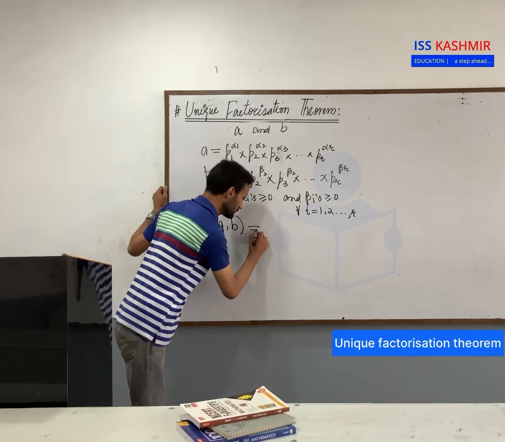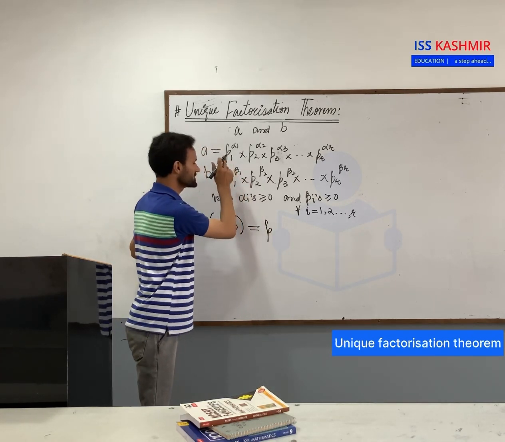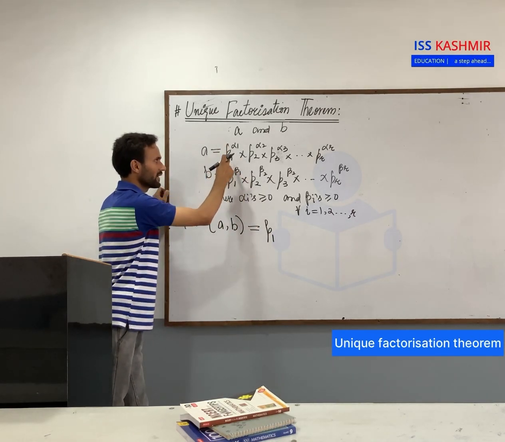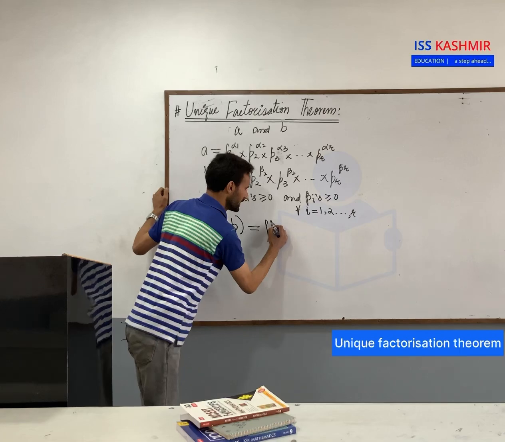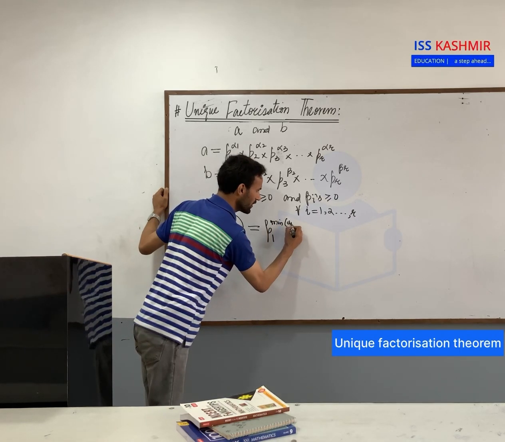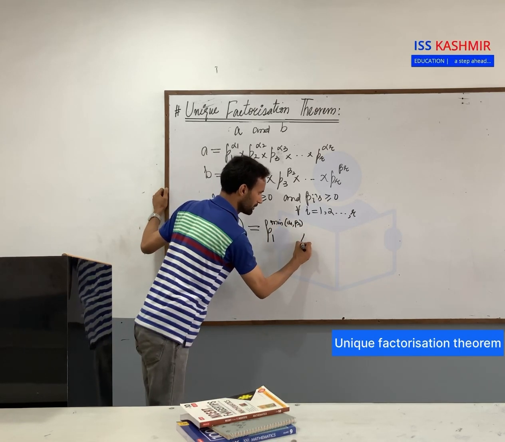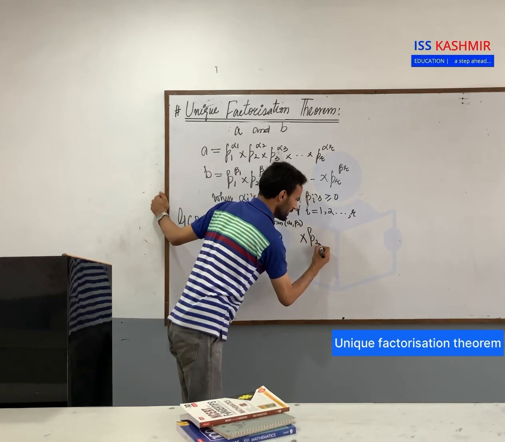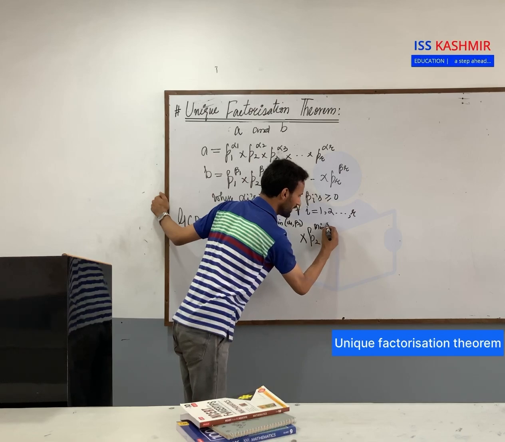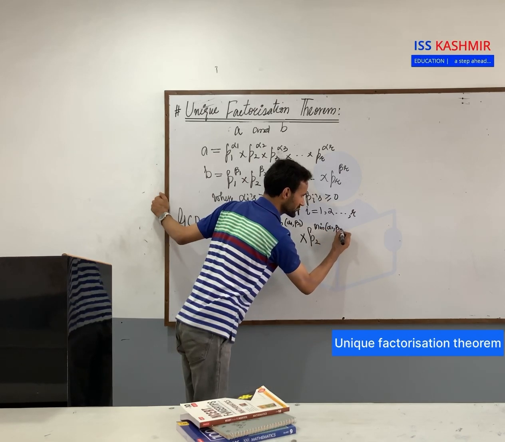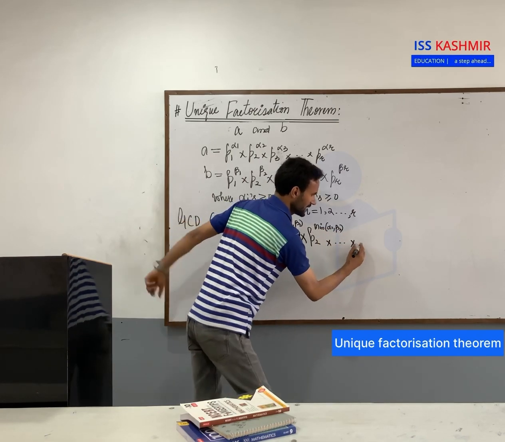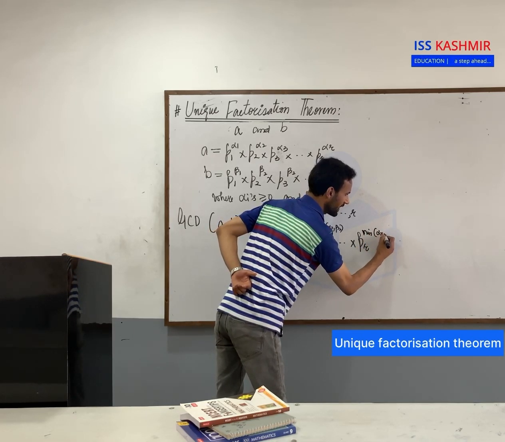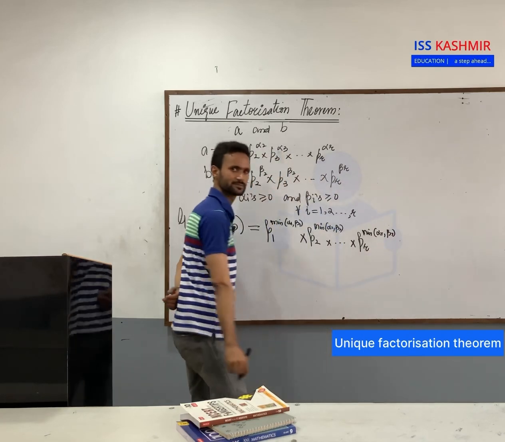It is equal to p1 raised to the power minimum of alpha 1 and beta 1, multiplied by p2 raised to the power minimum of alpha 2 and beta 2, and so on up to pr raised to the power minimum of alpha r and beta r.